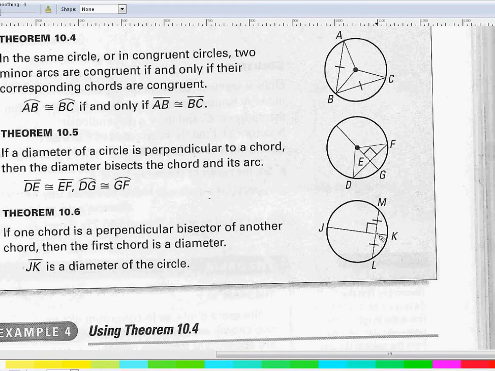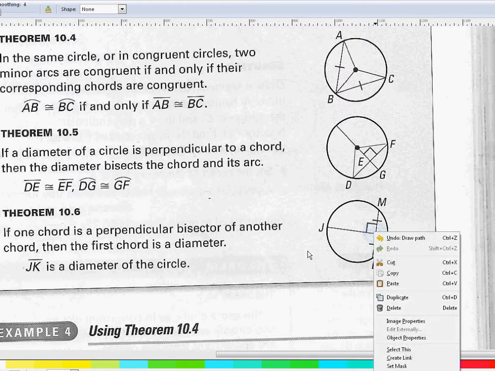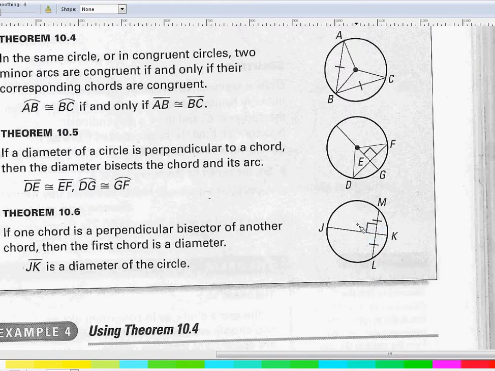The way to prove this theorem is to assume that the first chord is not a diameter, in which case you then would find the diameter that goes through the point of the intersection of the two chords.